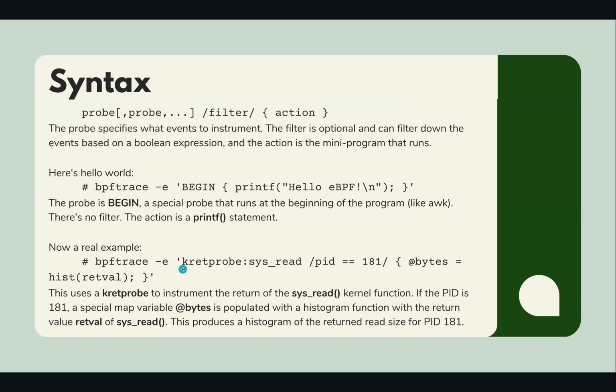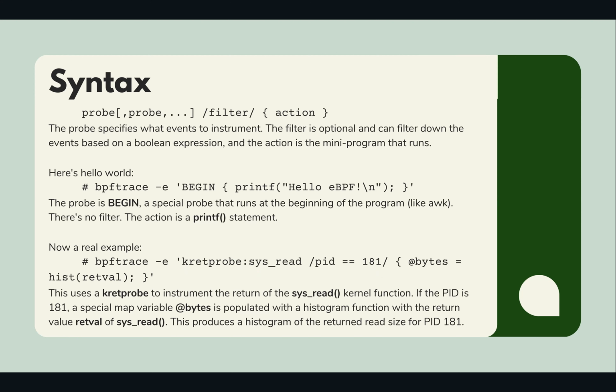Now, if we go deeper, let's say bpftrace -e, where e means execute. So kretprobe. What is a kretprobe? It's a kernel probe which is triggered when the function returns. I'll explain this in detail again, but for the sake of understanding, this probe has been attached to a function called sys_read, and it will be tracing the process 181. So what does this do?